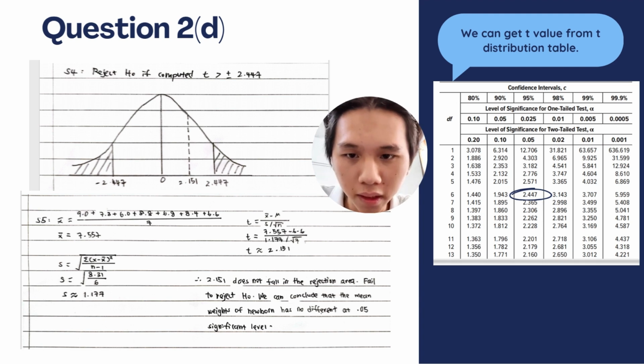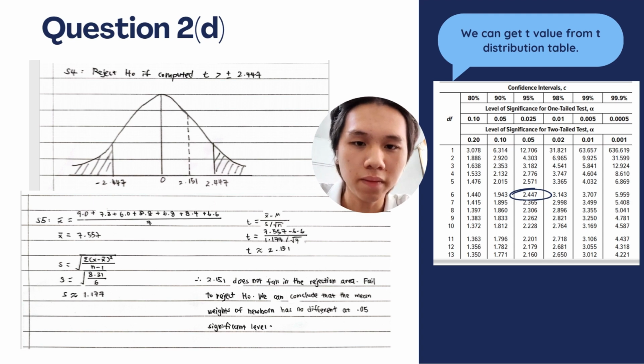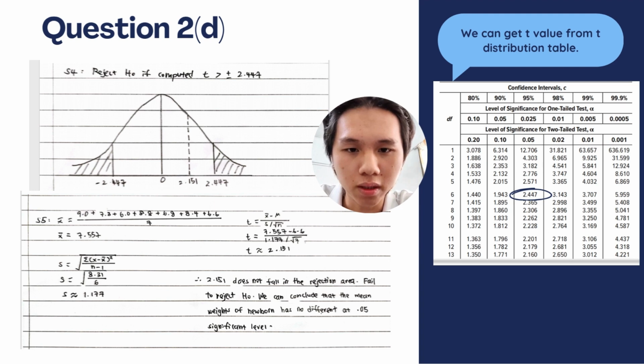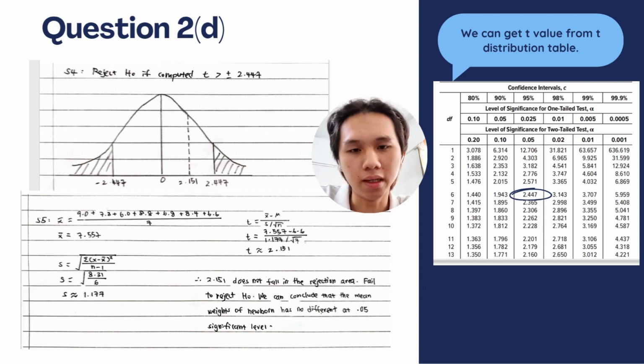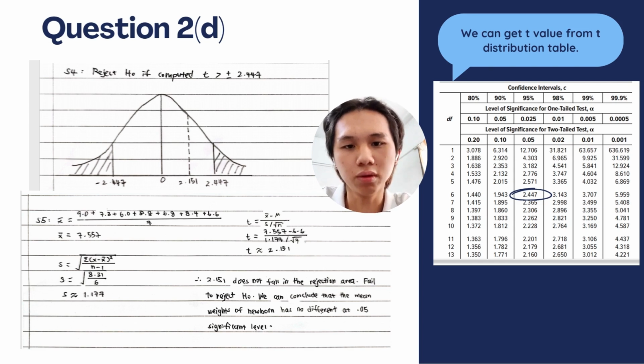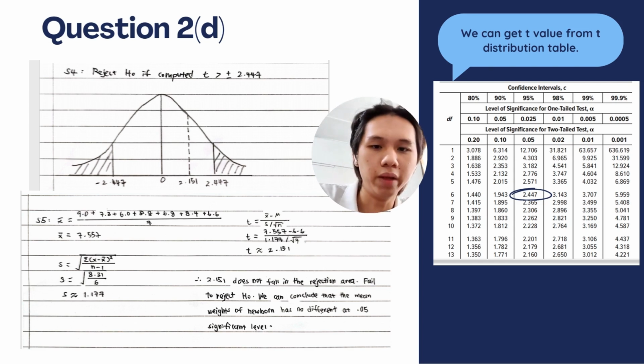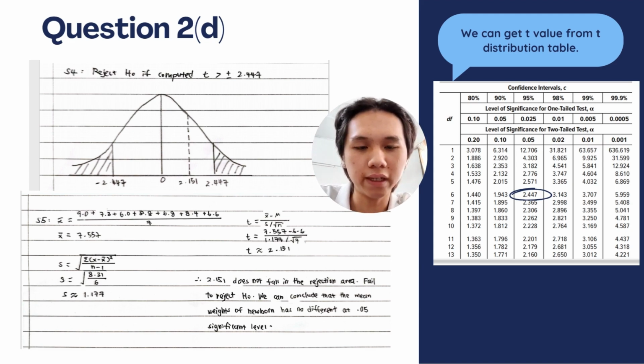After that, we put them into the formula, which is x bar minus mu divided by the sample standard deviation divided by root n, and we get 2.151. In conclusion, 2.151 does not fall in the rejection area, so we fail to reject H0. We can conclude that the mean weight of newborns has no difference at the 0.05 significance level.